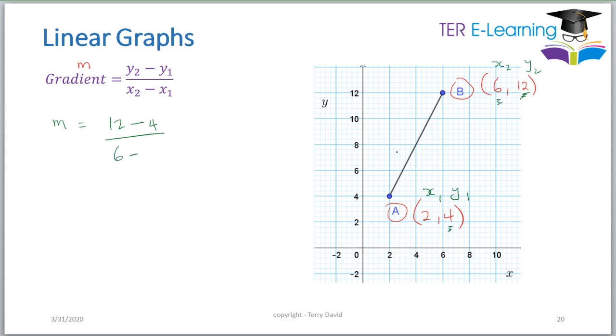So it's 6 minus my x1 value, which is this value here, which is 2. So 12 minus 4 will give me 8 divided by 6 minus 2 gives me 4, and therefore 8 divided by 4 gives me 2. So the gradient of this line segment here is actually equal to 2.